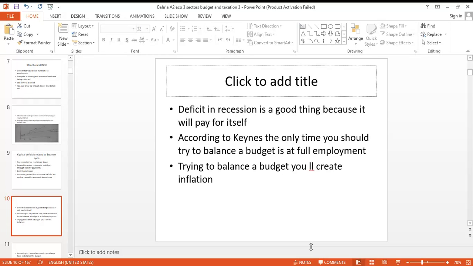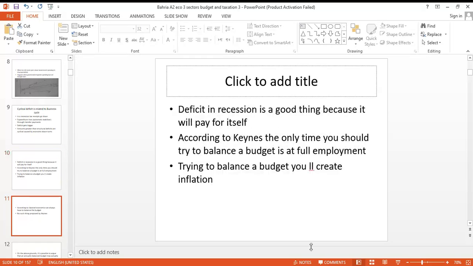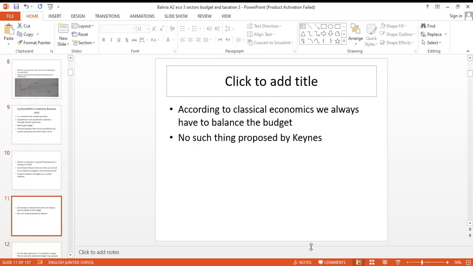Remember, this increase in deficit becomes an automatic stabilizer. This then means that people will be in a position to pay the taxes in the future, and my revenues will increase later on. So this is a temporary increase in the deficit, and this deficit has the potential to pay itself off.